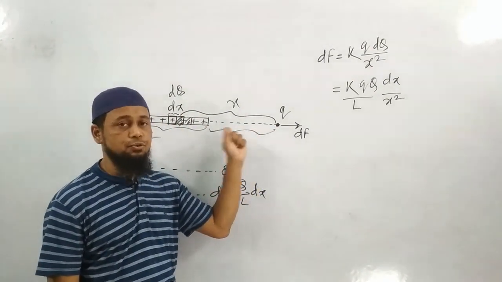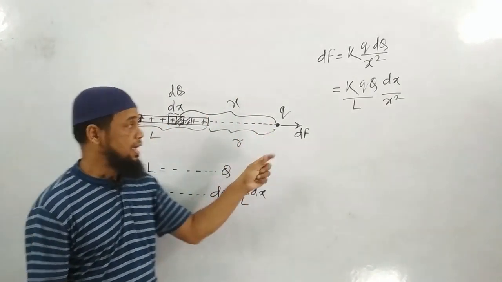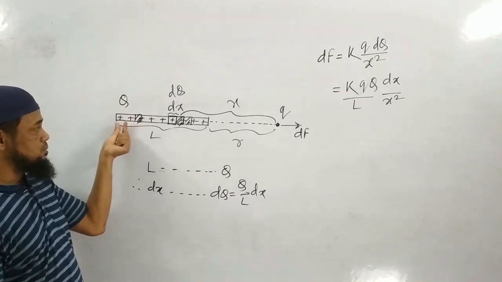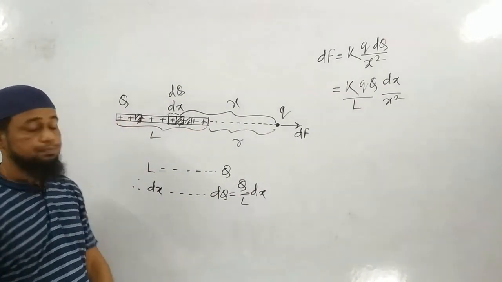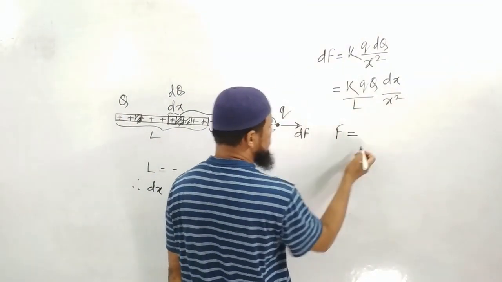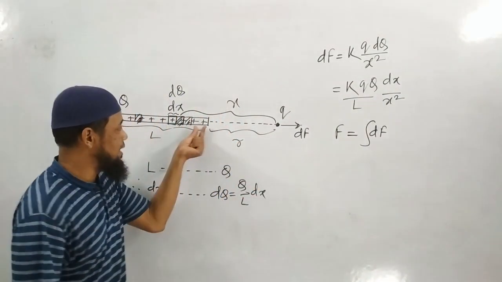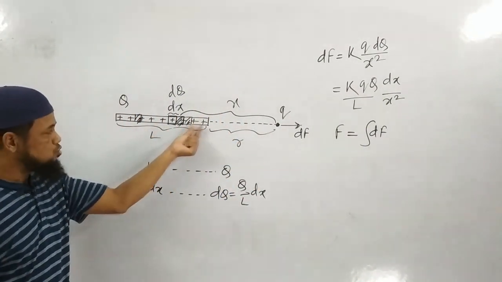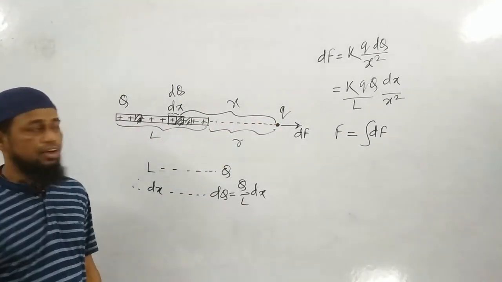That means the net force will be the sum of all the forces exerted by all possible elements on this rod. So the net force will be the sum of all these forces, and this summation will become integration. Because I cannot count how many elements there are, 1, 2, 3, there are so many elements. So this kind of addition will be done by integration.